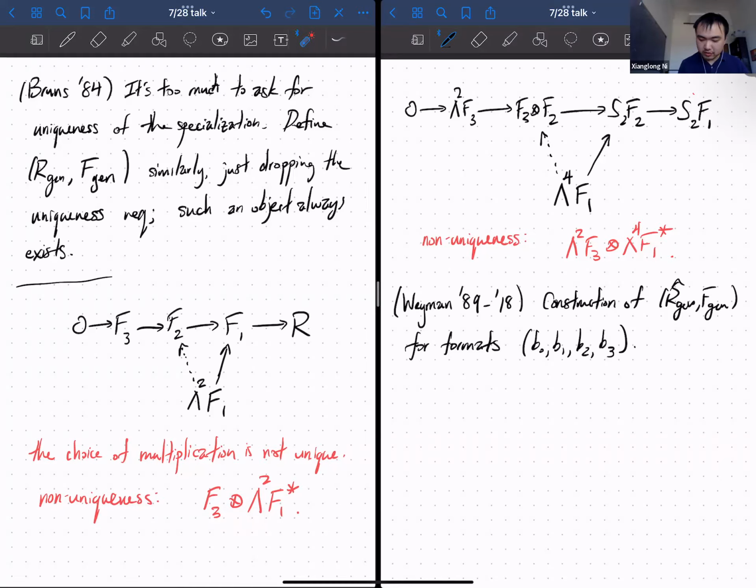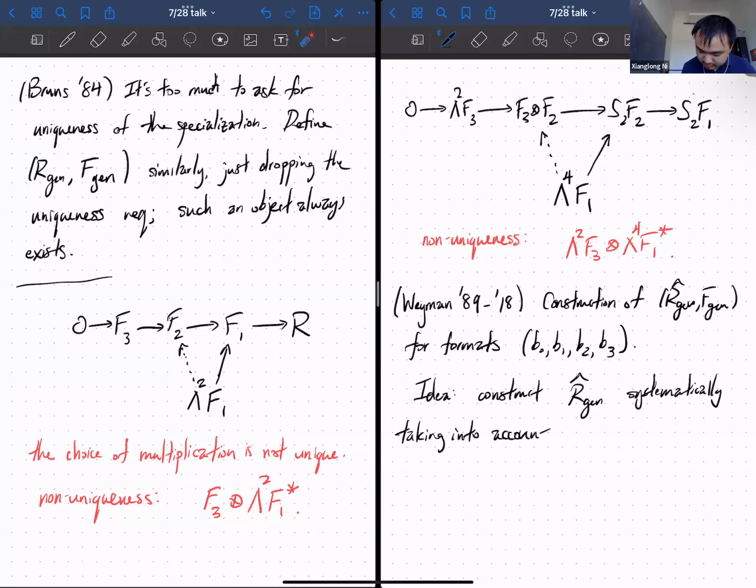Now, the idea is to construct generic, systematically taking into account the non-uniqueness of higher structure. So I'll just give an example.